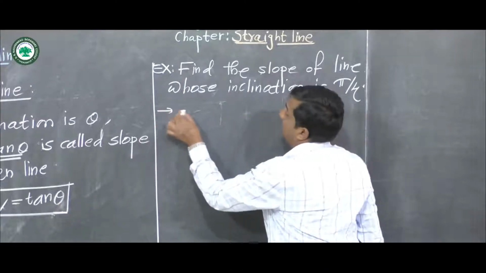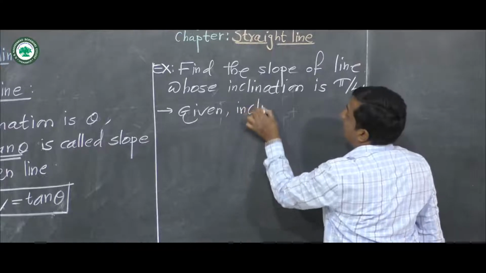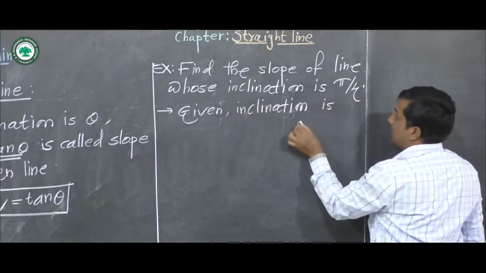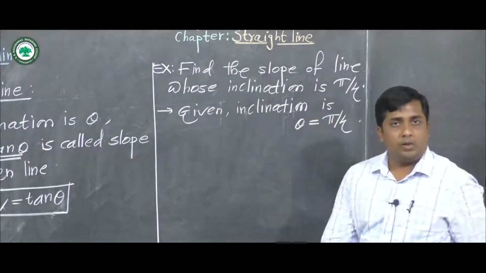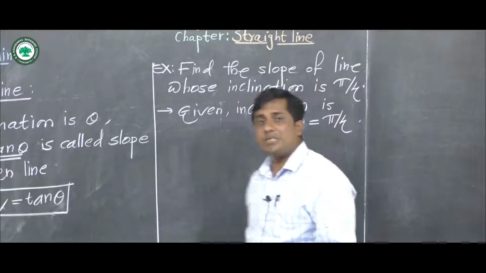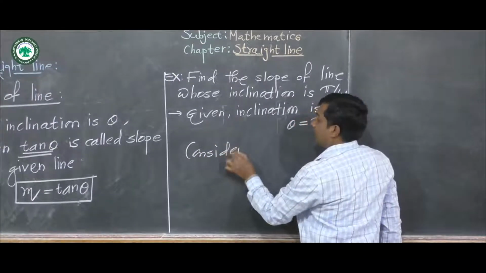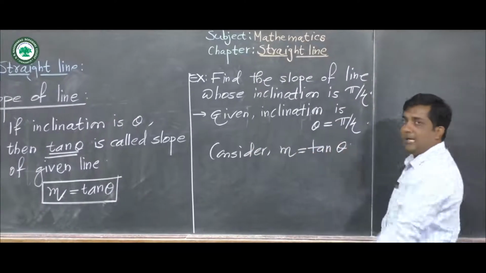Okay, here the given inclination is theta is equal to pi by 4. We know to find slope we use m is equal to tan theta. Consider m is equal to tan theta.